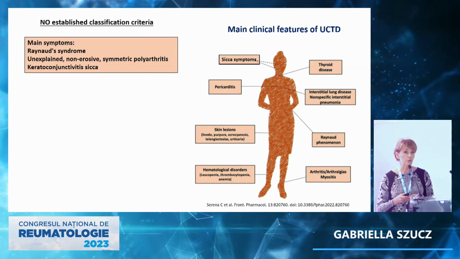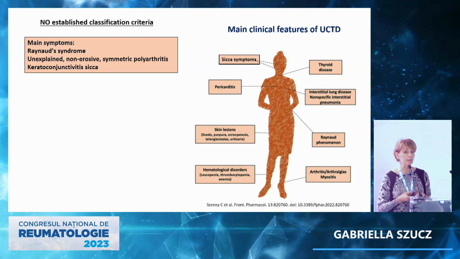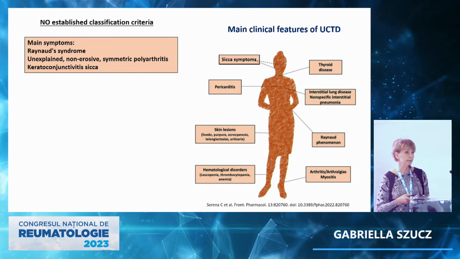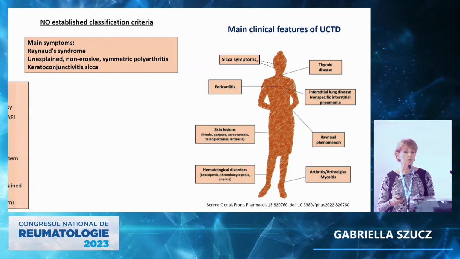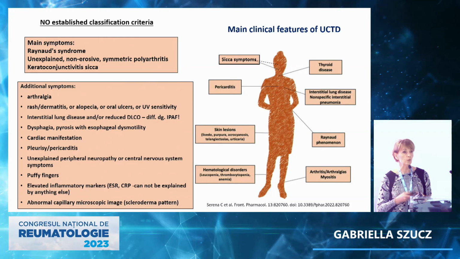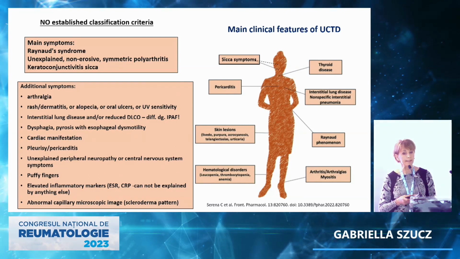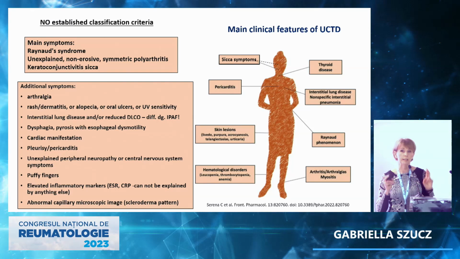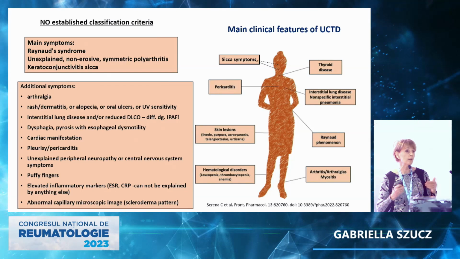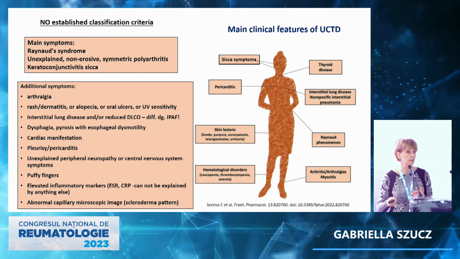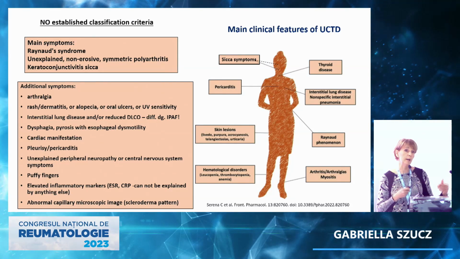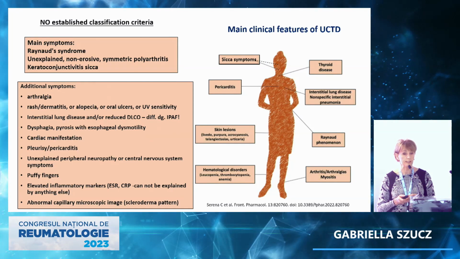The main clinical features of UCTD could be Raynaud syndrome, unexplained non-erosive symmetric polyarthritis, and keratoconjunctivitis sicca. Of course, together with this, we have additional symptoms such as arthralgia, rash, or some other kind of dermatitis, interstitial lung disease, and we have to stop here because the so-called interstitial pneumonia with autoimmune features, the IPAF, could be an undifferentiated situation for the patient, and it's one part of the undifferentiated connective tissue diseases.